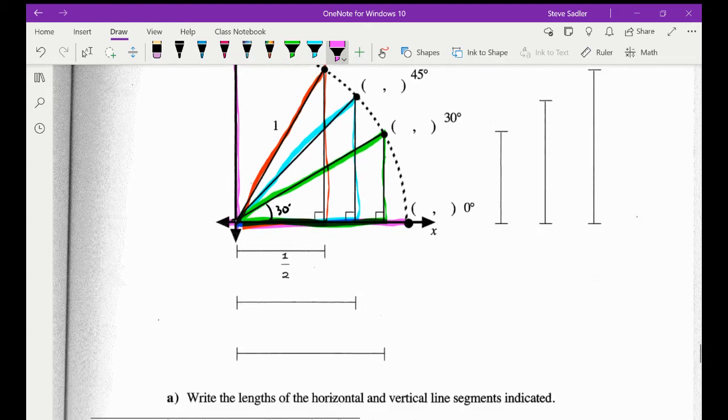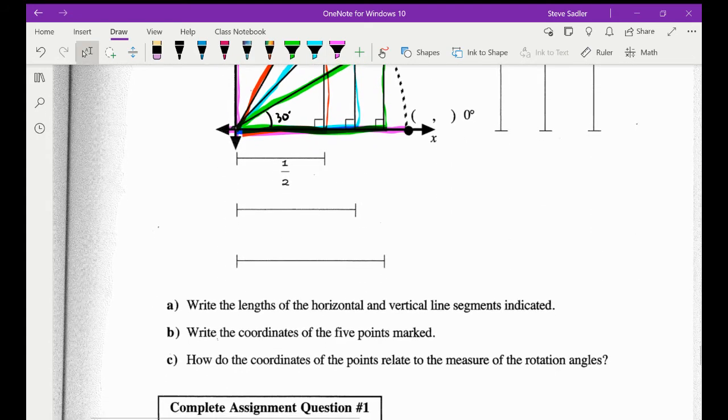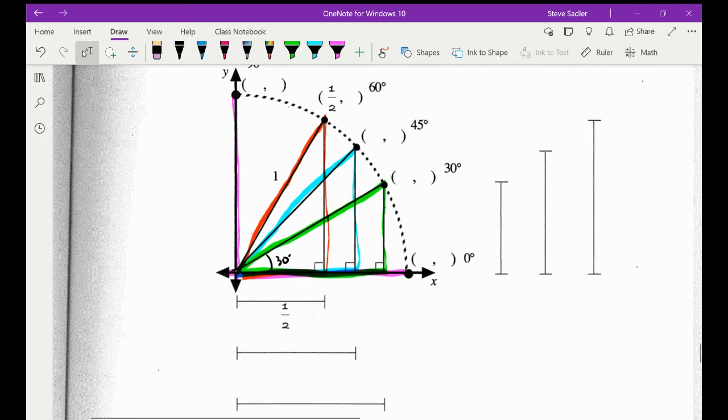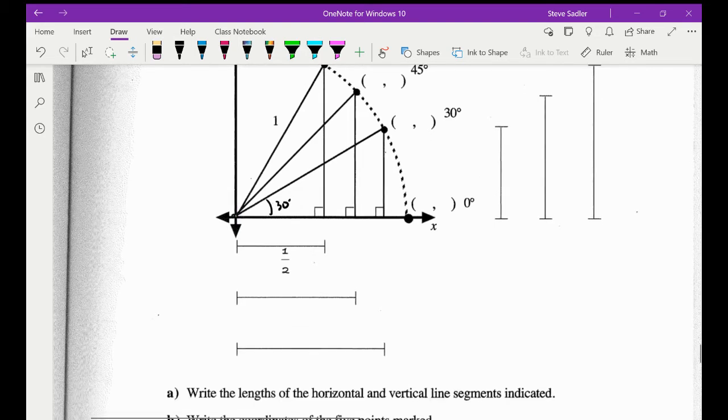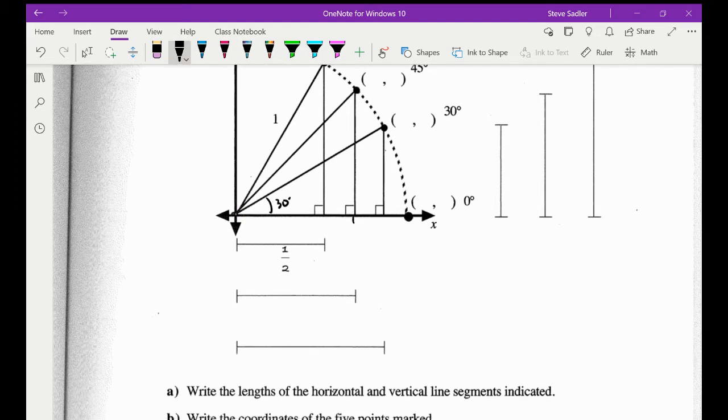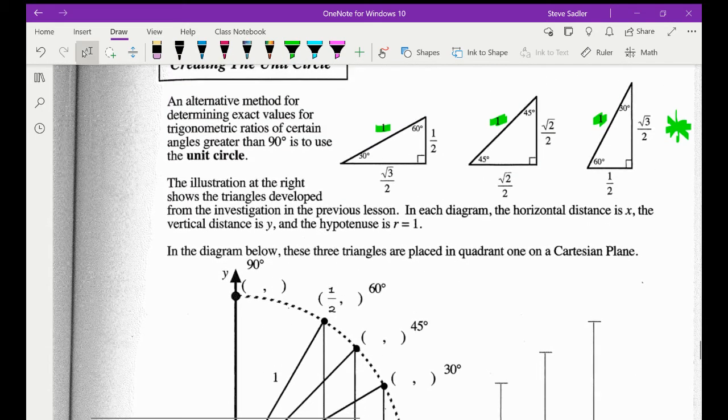It says, write the lengths of the horizontal and vertical segments. We know the x value of the 60 degrees is 1/2, they've already done that one for us. I'm just going to get rid of all that. The x value for the 45-degree triangle, which is this one right here, is root 2 over 2, and I'm taking that from up here.